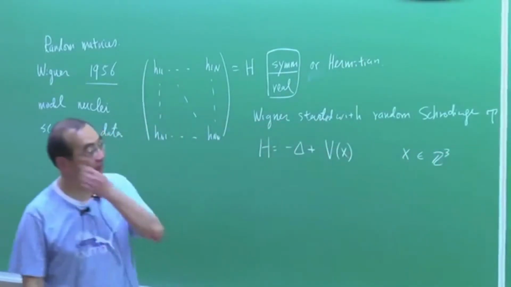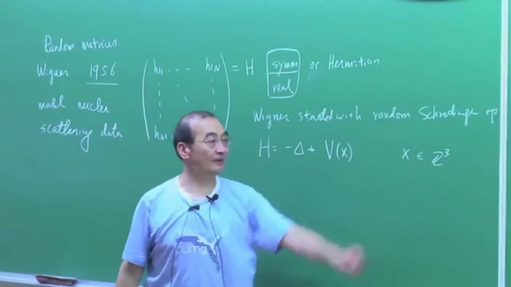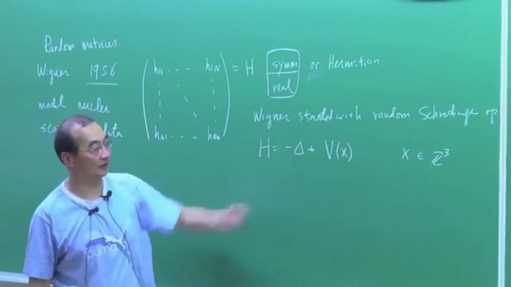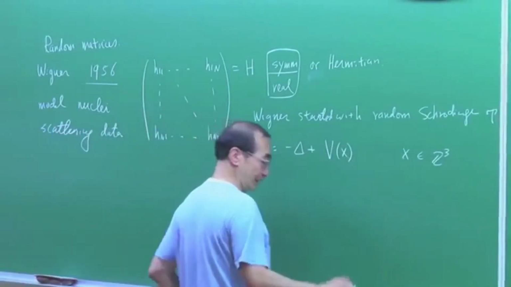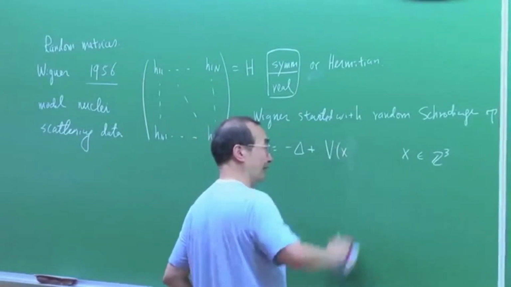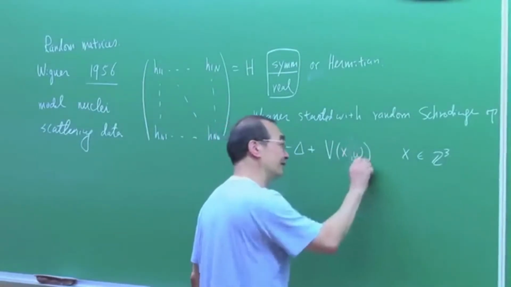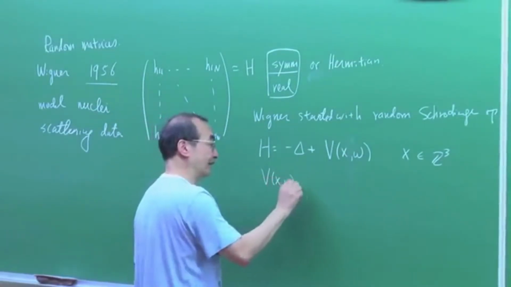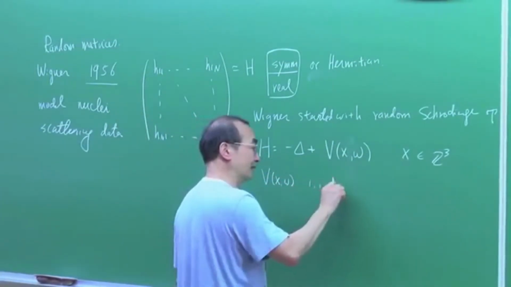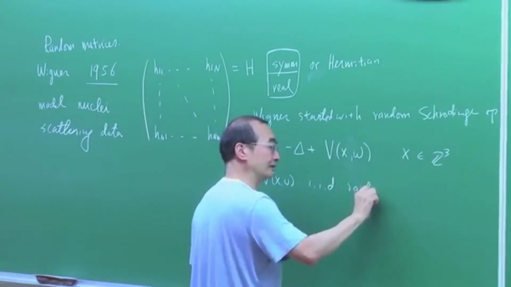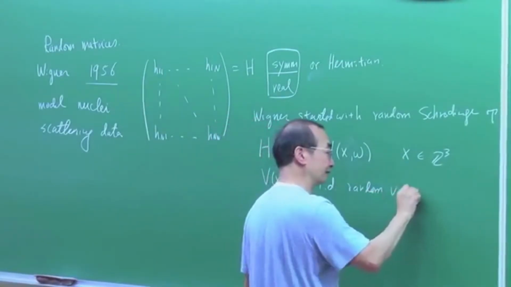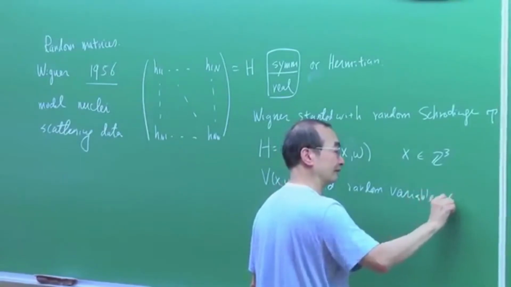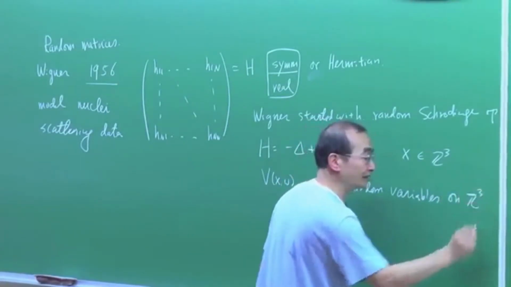The reason you want to do a lattice is because it's easier for me to explain what's going on. So this is the discrete Laplace operator. And V of X should be V of X, omega. These are IID random variables on Z^3.